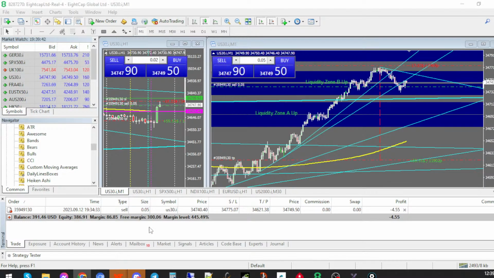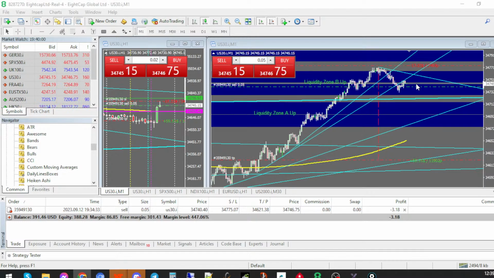All right, so that sideways move that I was talking about, it looks like that's what's happening right now. Price is starting to go sideways. I'm looking for a nice opportunity to bring my stop down to break even.